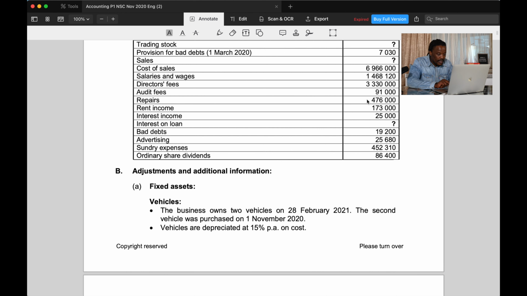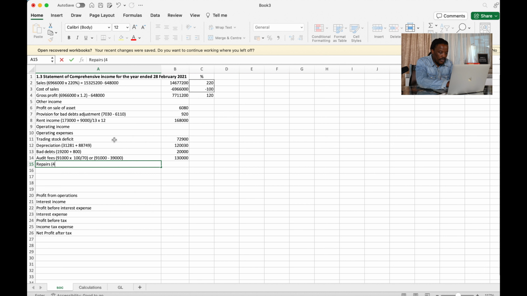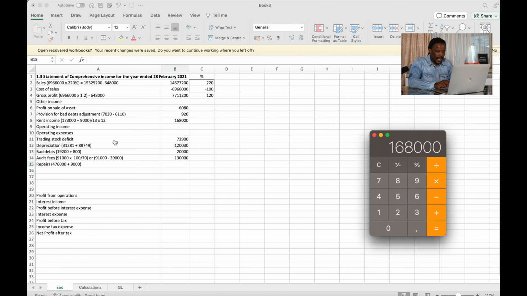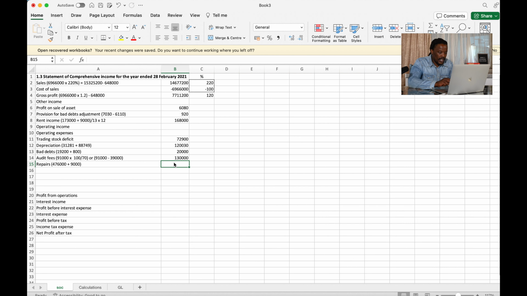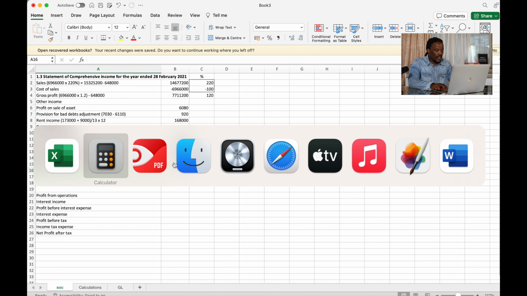There is a repairs of 476,000. 476,000 plus 9,000 equals 485,000. It was not recorded. Now we carry on and check what could be the next adjustment.